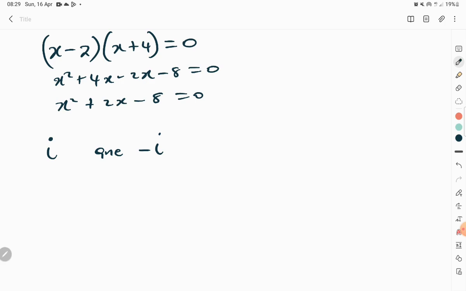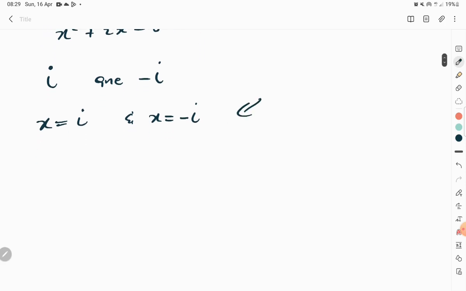Now when you have these ones as the roots of a given equation, you know that this is x equal to i, and you have x equal to -i. So since these are the imaginary roots, we can change them to factors, that we have x minus i, times also this one, we change it to a factor, then it's going to be x plus i. This is equal to 0.